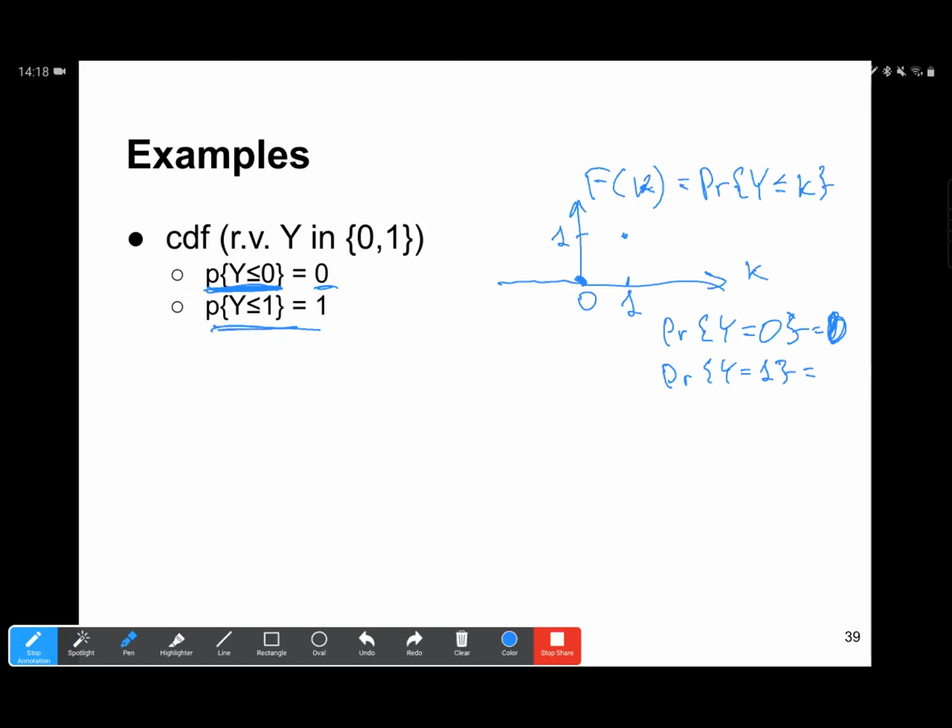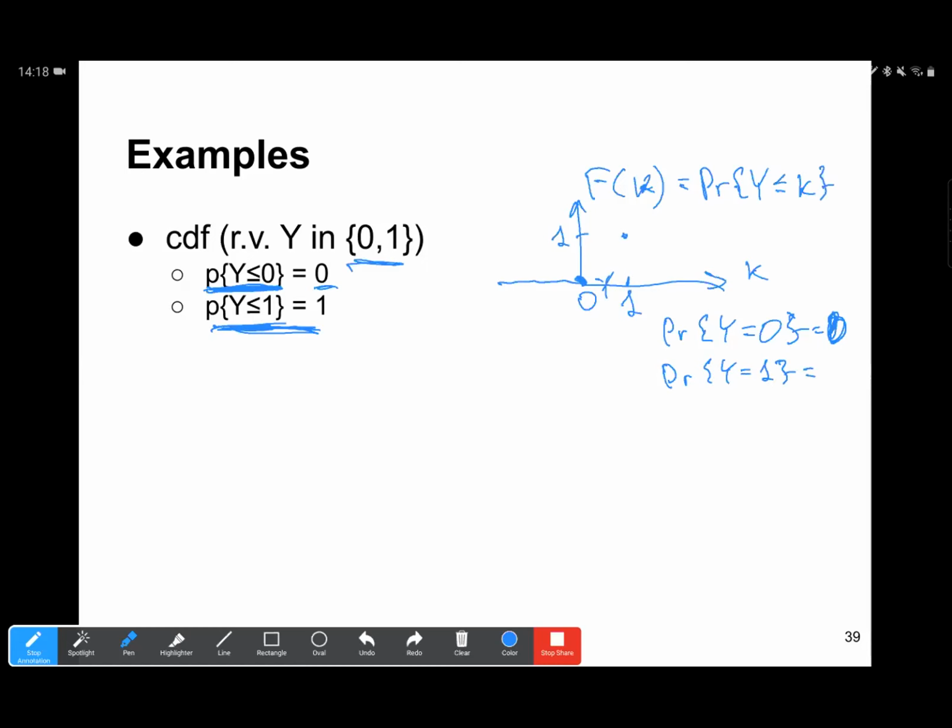What can we infer from this equation, from the value of the cumulative distribution function of this variable at 1? Yes, the probability that this random variable is smaller or equal to 1 is 100%. And we know that it can only be 0 or 1. It can be nothing in between.